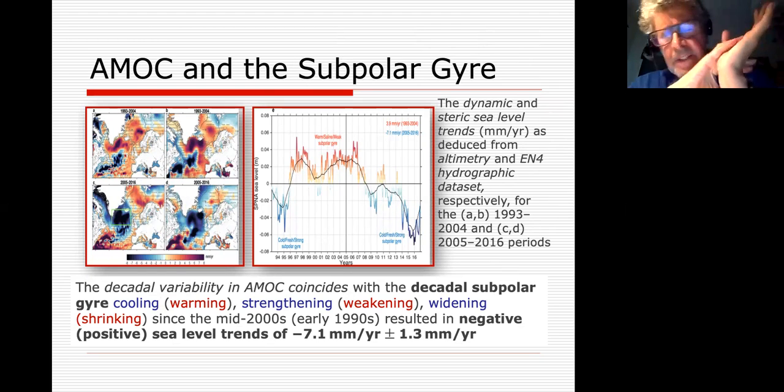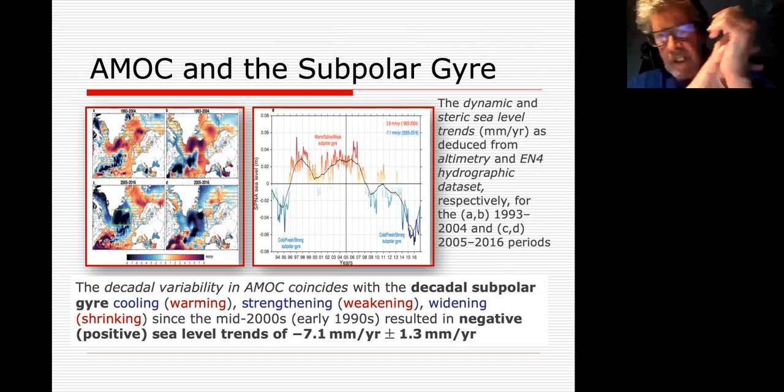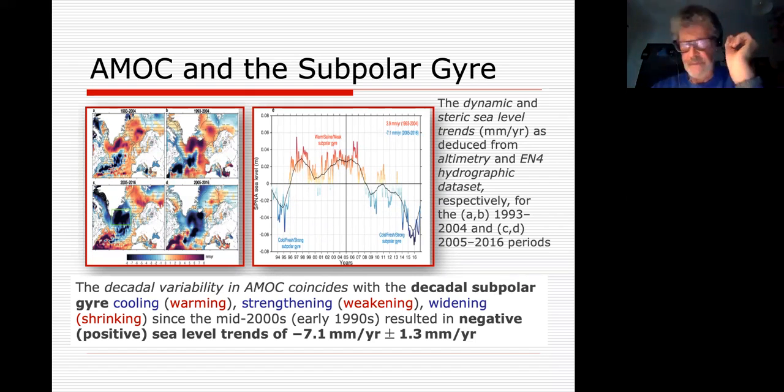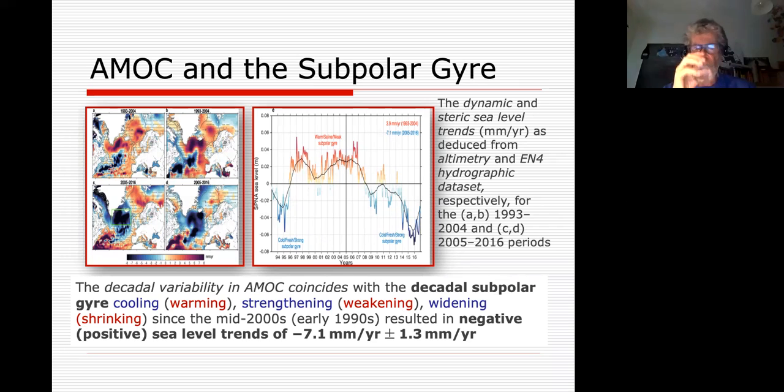There is another interesting point to explore. We saw the effect of AMO and AMOC, or the correlation between the two. We saw the importance of the NAO in driving, at least at long time scale, the variability of these two systems.